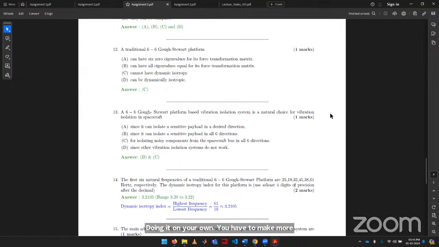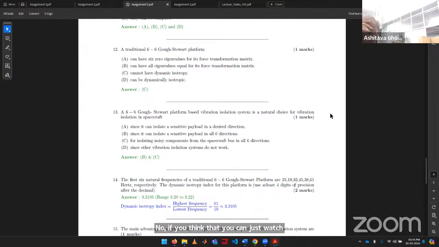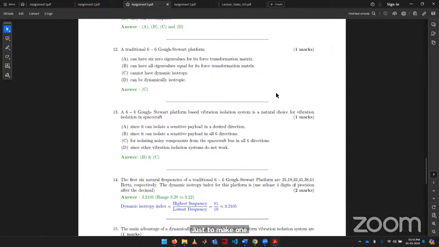Just to make one thing clear, the final exam will be only MCQ, MSQ and numerical questions, no subjective ones. You can do it by hand. You don't have to use any fancy calculator.